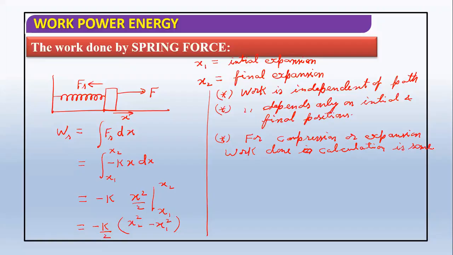Why? Because of the square: since we have x1 square and x2 square, whether you take the plus side or minus side for x1 or x2, it is going to remain the same.